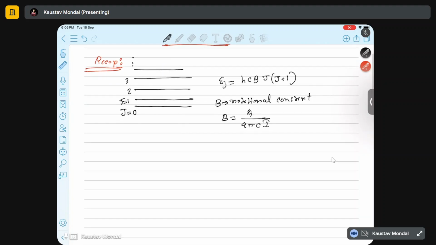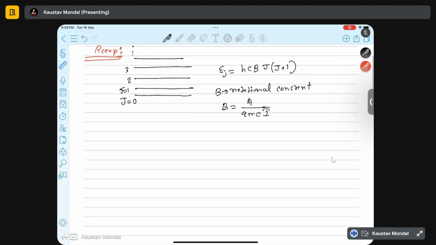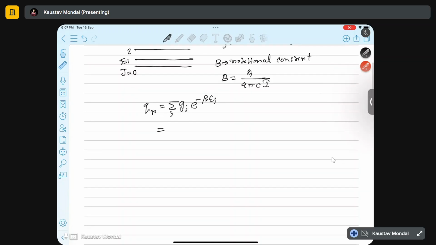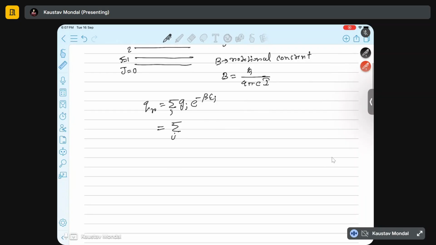Then the rotational partition function is given by, if these are the energy levels, we just have to use the conventional form of the partition function. Qr is simply the summation over j of e to the power minus beta Ej, right? Now each rotational energy level is associated with a degeneracy, and the degeneracy factor is given by 2j plus 1.